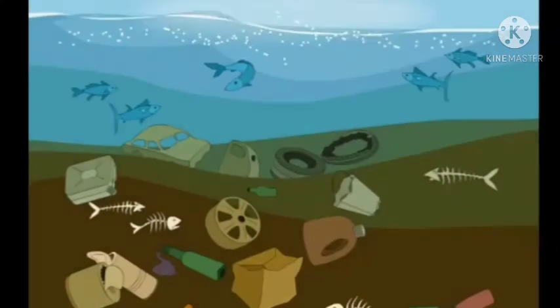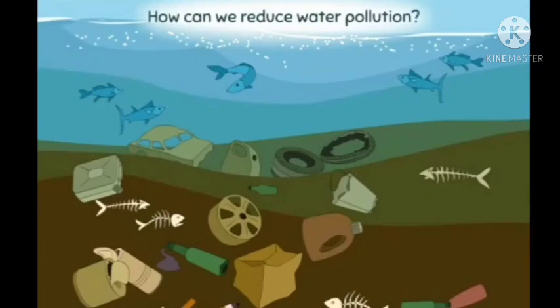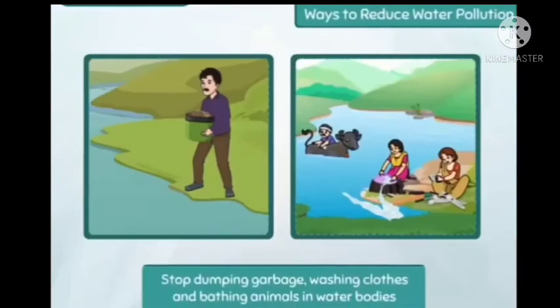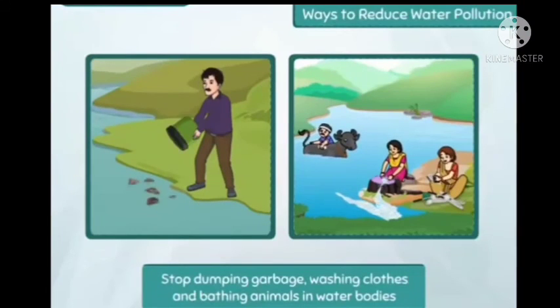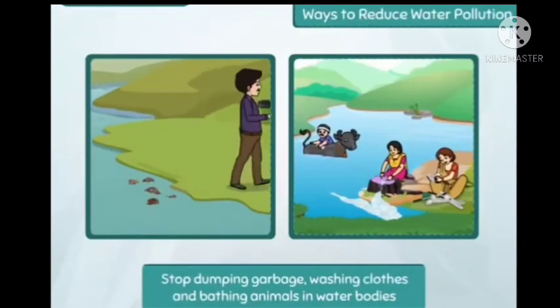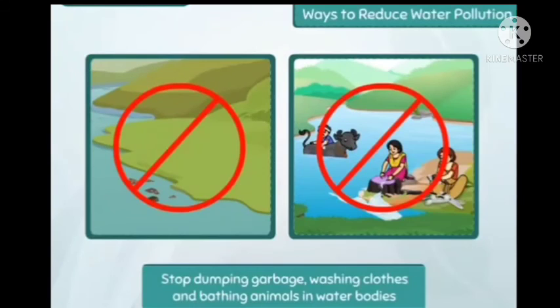At last, observe this animation to recapitulate how we can reduce water pollution. One very easy way is to educate people to stop dumping garbage, washing clothes, and bathing animals in water bodies like lakes and rivers.